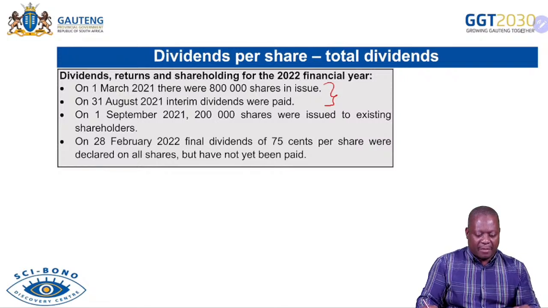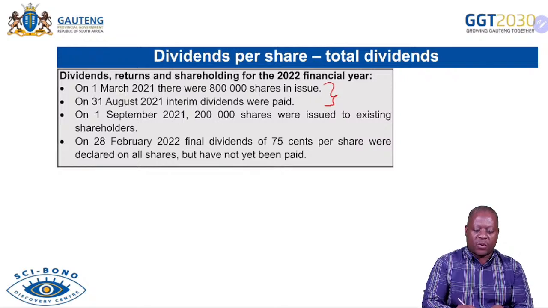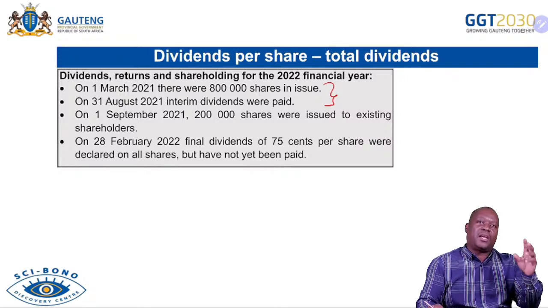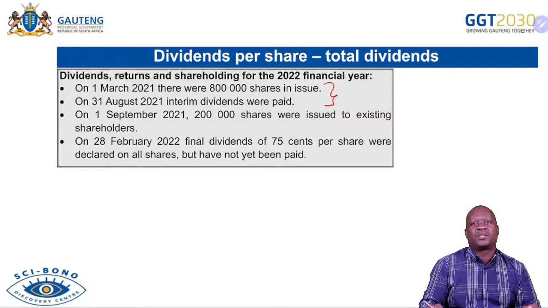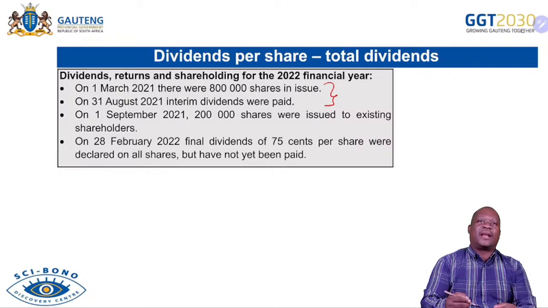On 1 September 2021, 200,000 shares were issued to existing shareholders. So 800,000 shares were in issue at the beginning of the period. And then during the year, we issued another 200,000 shares.